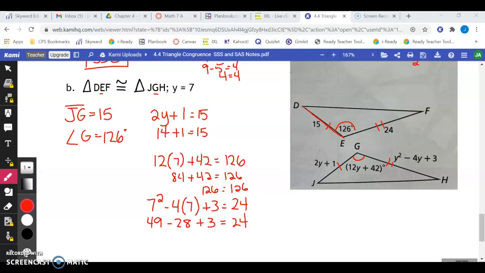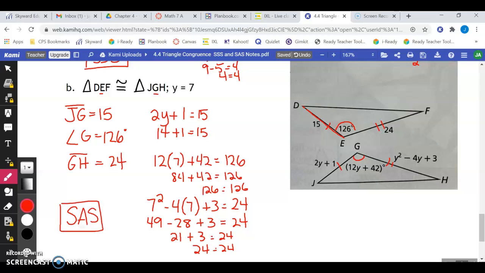And 49 minus 28 is 21, and then we have to add 3, so we get 21 plus 3 is 24. So those work out. So segment GH is 24 units, and then we have side, angle, side. So we prove that those two triangles were congruent based on side, angle, side.